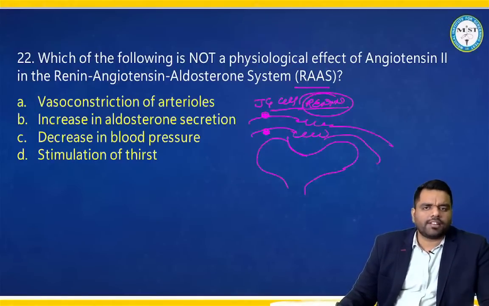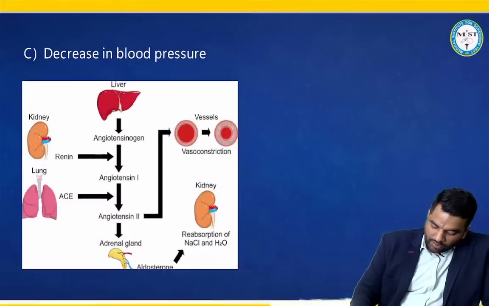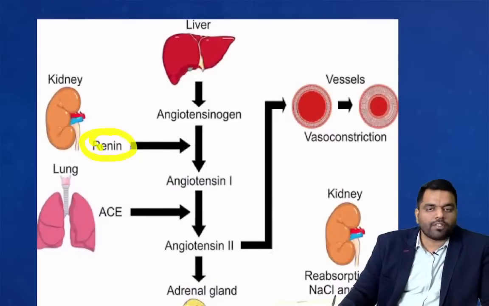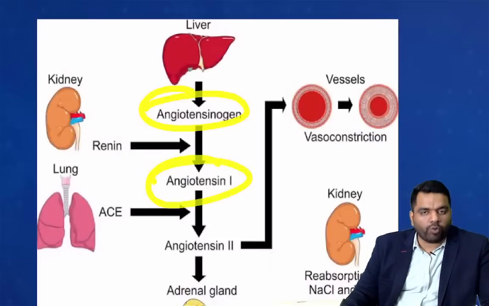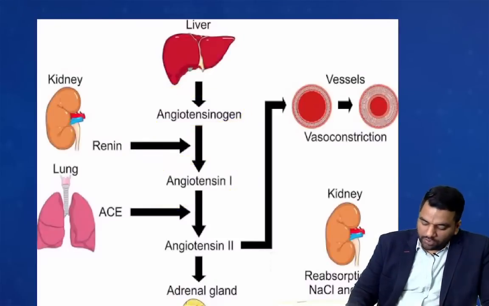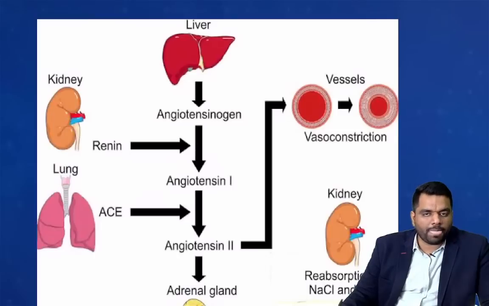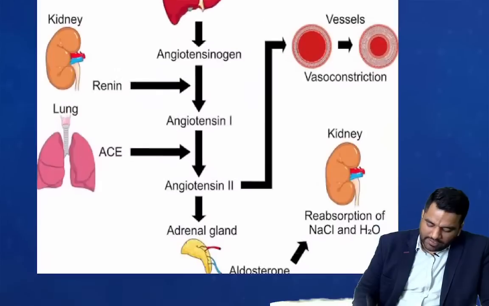So what will this RAS mechanism do? Initially the kidney releases renin. This converts angiotensinogen into angiotensin 1. This goes into the lungs, where there is angiotensin converting enzyme. This converts it into angiotensin 2, and this starts the release of aldosterone.